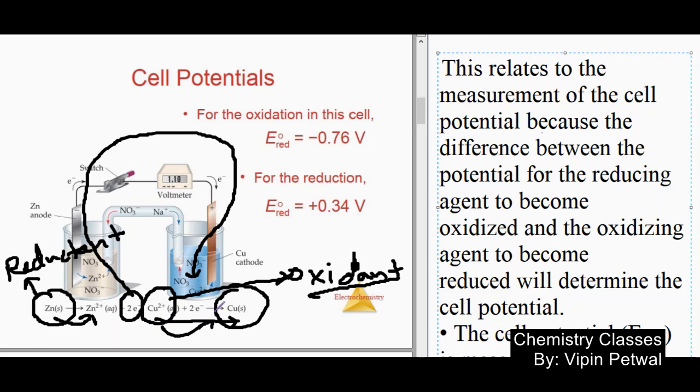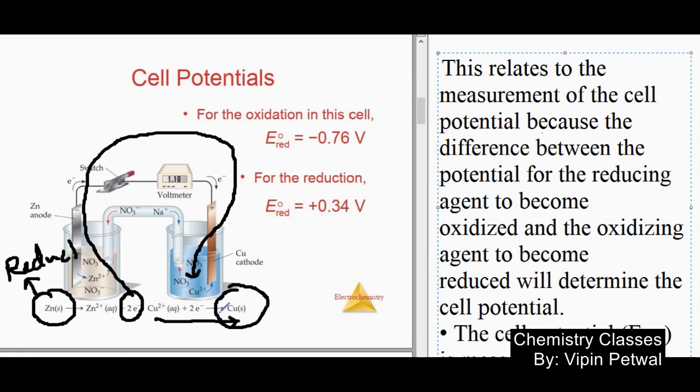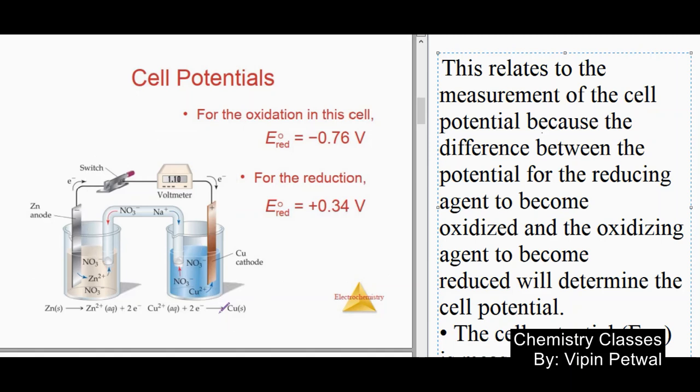So here, in the measurement of cell potential, the difference between the potential for the reducing agent to become oxidized and the oxidizing agent to become reduced will determine the cell potential.